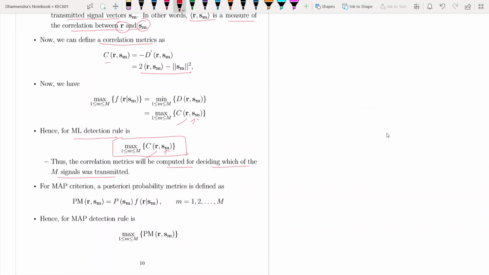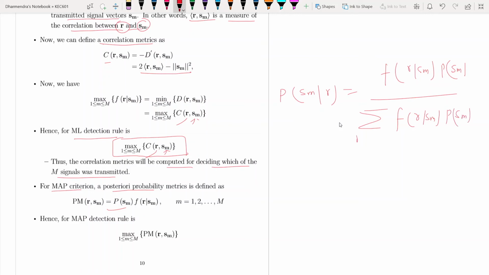Similarly, for the MAP criterion, the a posteriori probability metric is defined like this, because the a posteriori probability can be written in terms of conditional probabilities like this. This term is a constant.